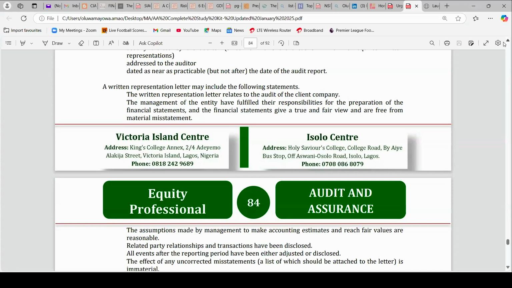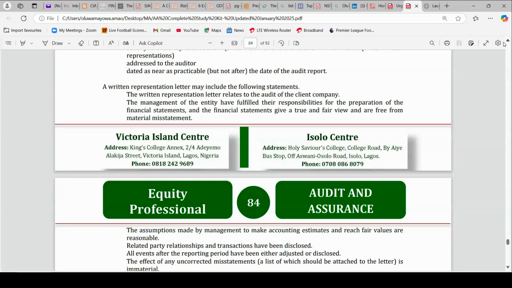No. The first thing the auditor needs to do is to have a meeting with the management to discuss why they don't want to provide the written representation. And when we talk about management here, it is a higher level of management or those charged with governance.